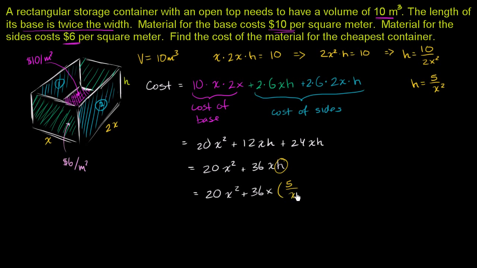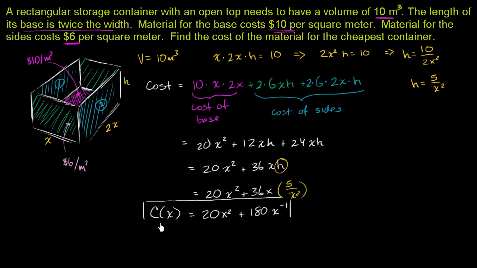So our cost as a function of x is going to be 20x squared. 36 times 5, let's see, 30 times 5 is 150, plus another 30 is going to be 180. So it's going to be plus 180 times, let's see, x times x to the negative 2, 180 x to the negative 1 power. So we finally have cost as a function of x.